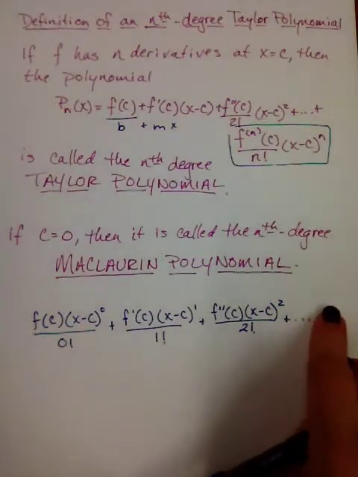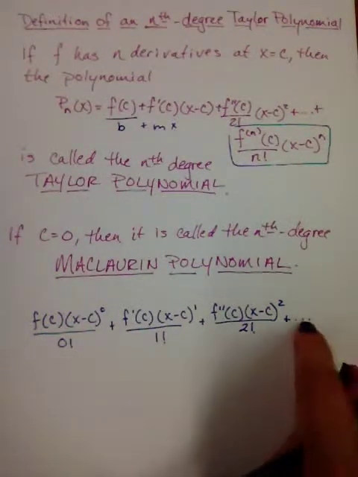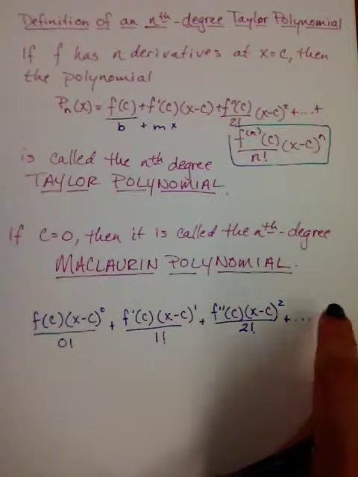And it is a polynomial, so there is a stopping place. Later when we do Taylor series, you'll see that they actually keep going forever, but the polynomials do not.